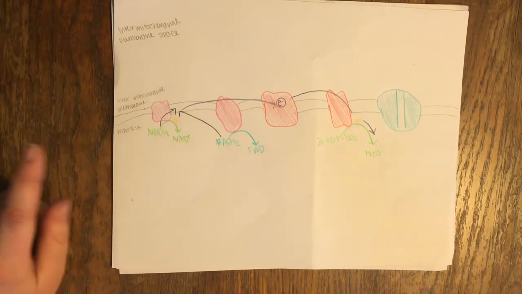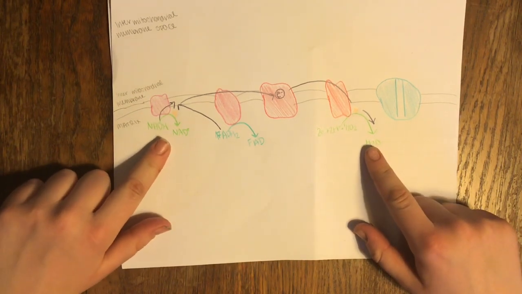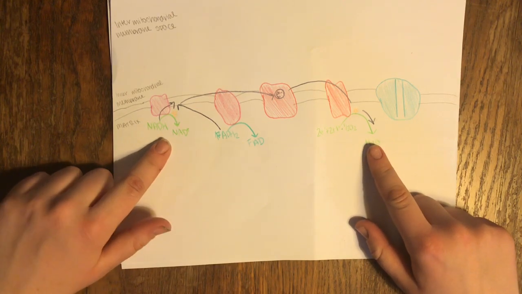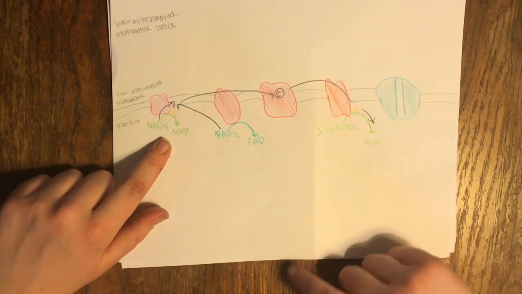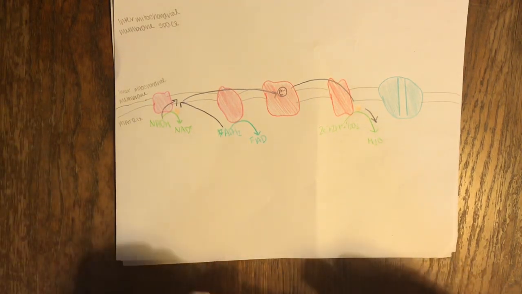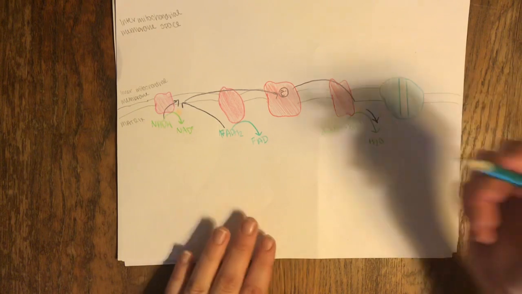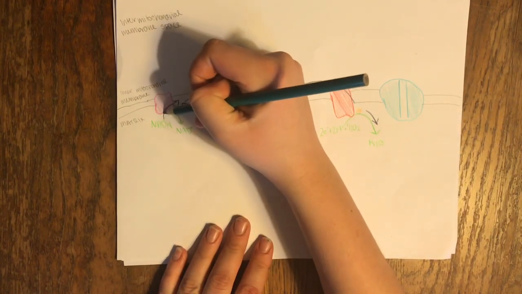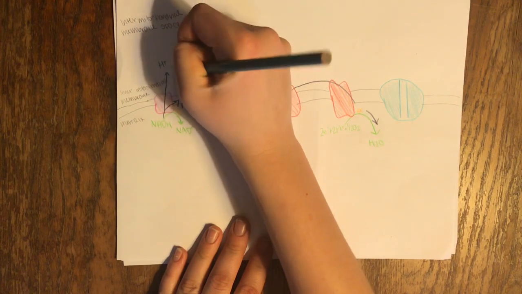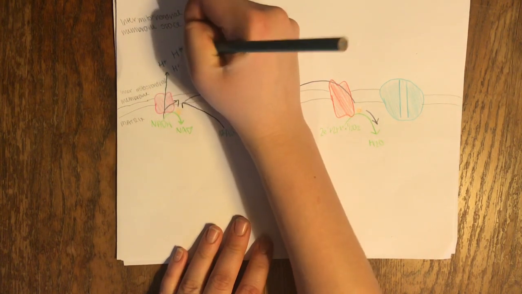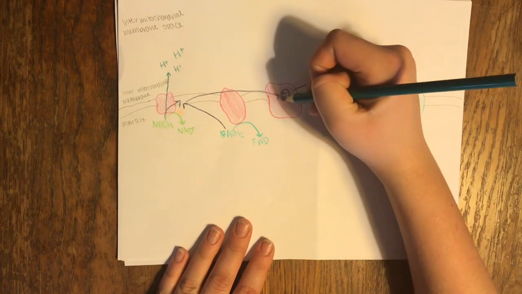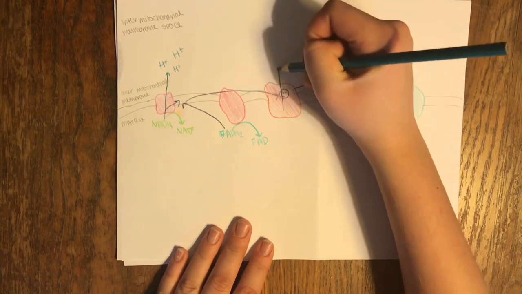And so the difference between these 2 reactions is that these 2 reactions release energy, and because they release energy, they contribute hydrogens and electrons instead of just electrons, like this reaction. And now we're going to draw the movement of those hydrogens. So since this one releases hydrogen, this is where the hydrogen is going to be pumped across. I'll just draw some H+ molecules, and no hydrogens will be getting pushed across at this one, and here they will be getting pushed.